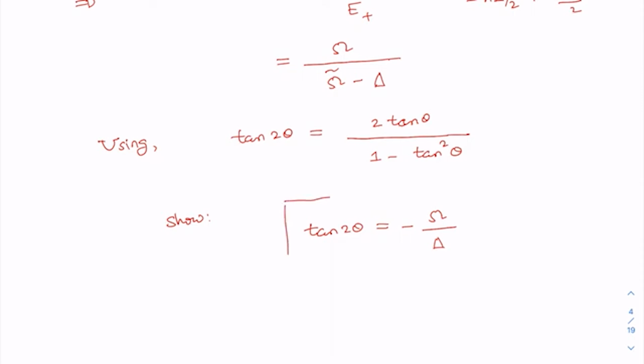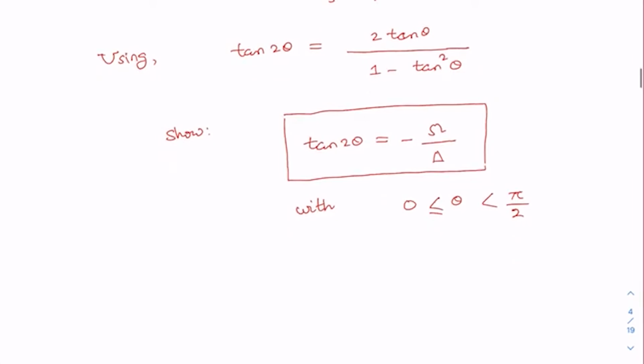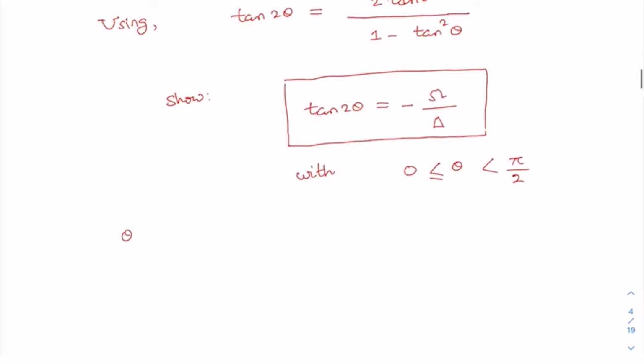It's very trivial, please try it. So omega is the Rabi frequency, delta is the detuning parameter, and these are our realistic parameters. With this condition, I am taking theta to be lying between 0 and pi by 2. This angle theta is known as the Stueckelberg angle.